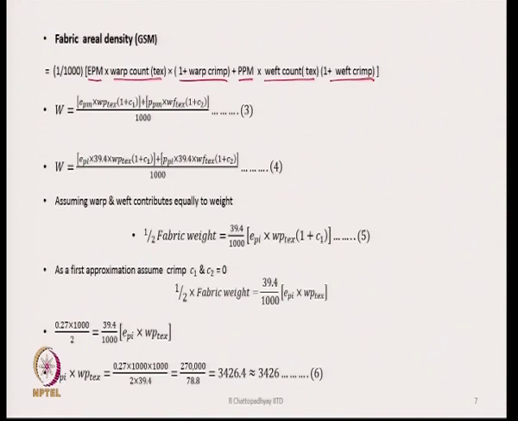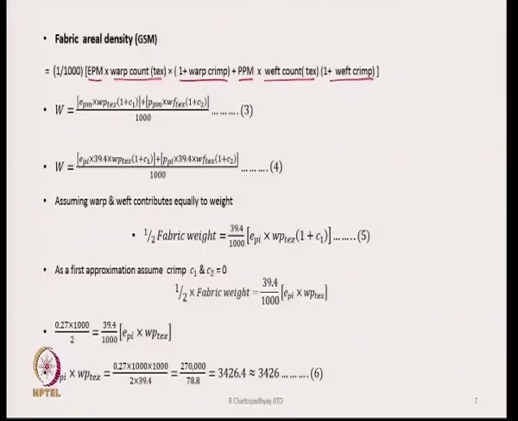This is a very standard equation which you will find in many textbooks also. So, we are writing the same thing, fabric areal density like this. Then we are writing it in terms of EPM changed to EPI, and therefore, a constant 39.4 is coming over here. The equation otherwise is same.